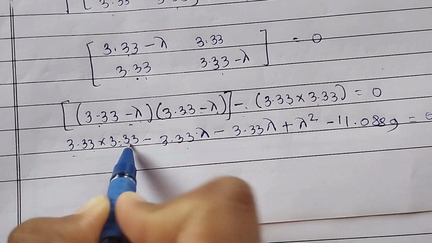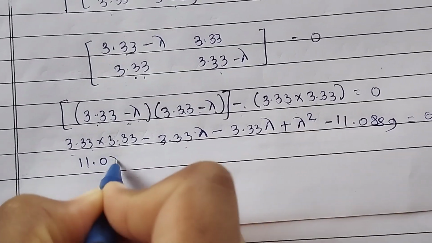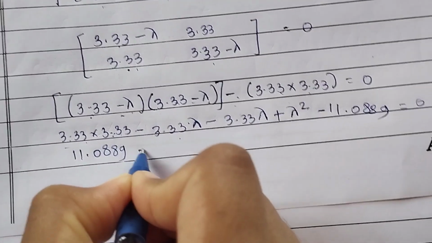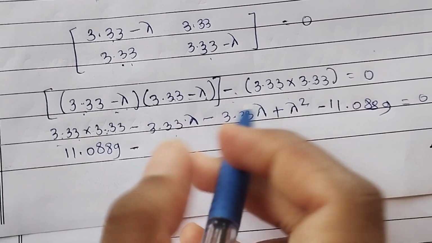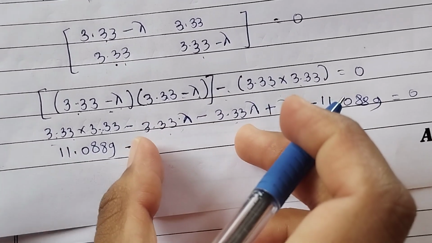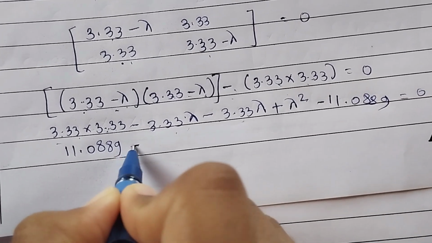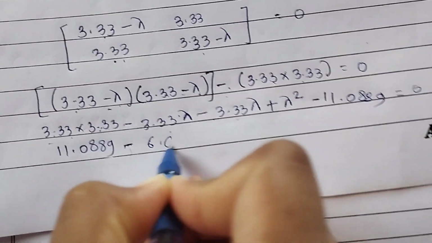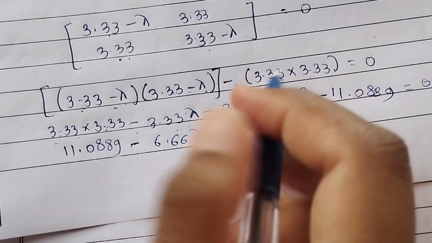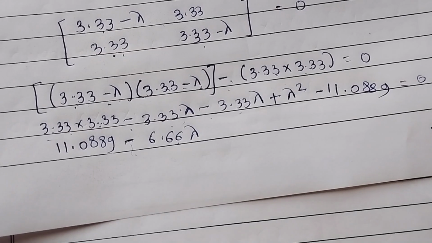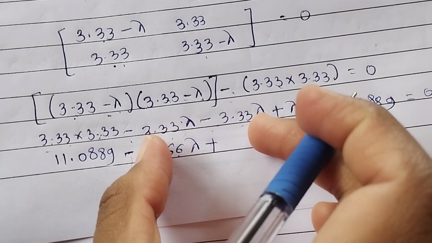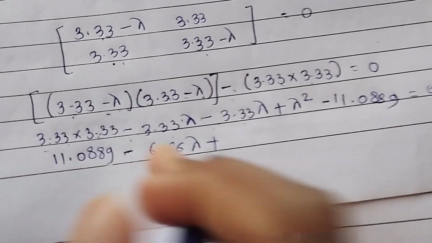But let's perform one more step so you get a clear idea. So this term is nothing but 11.0889, 3.33 into 3.33, minus 3.33 lambda minus 3.33 lambda; we perform the addition here and put a minus sign. So this is 6.66 lambda, because we just add them and put the minus sign.